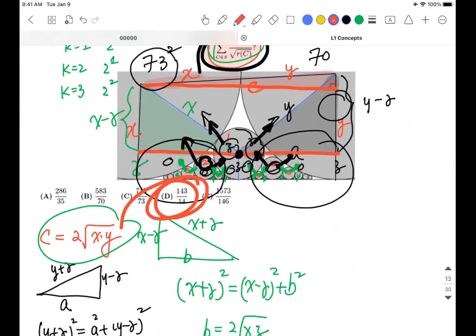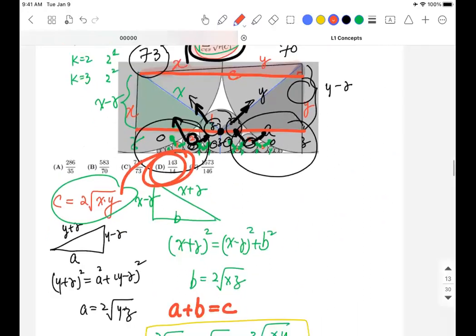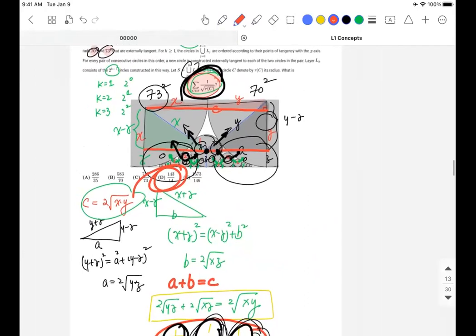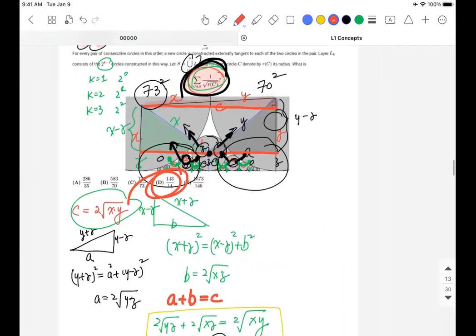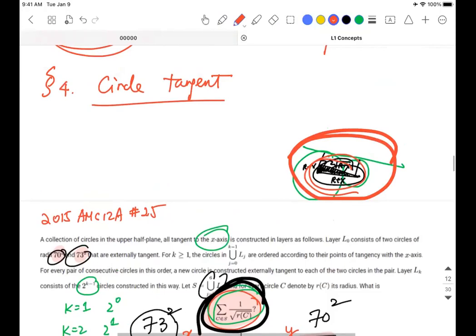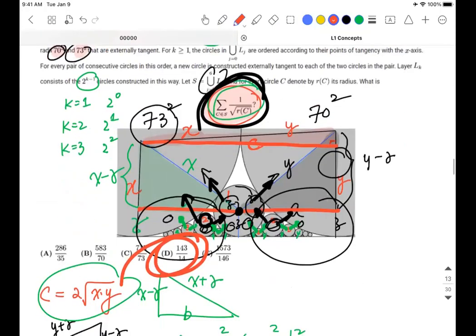You see, this problem looks a little bit challenging, but if you really scratch the surface and dig into the essence of this problem, you're going to find out this one is basically using what we introduced. As long as you see two circles tangent to each other, use whatever we introduced here. I'm going to change the color to yellow.